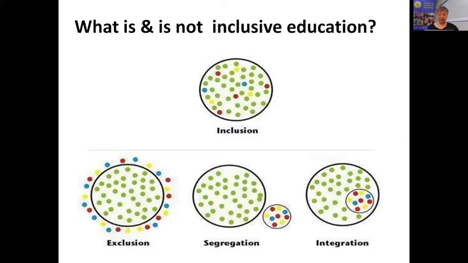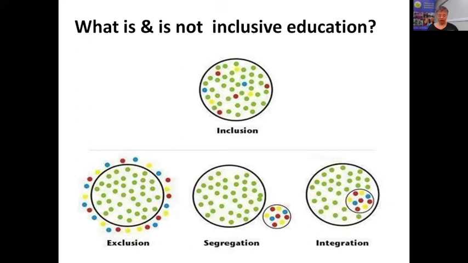The red, yellow and blue dots represent disabled pupils and students with various impairments and health conditions. The dots inside and outside the circle give a visual representation of what inclusion, exclusion, segregation and integration looks like within an education setting.